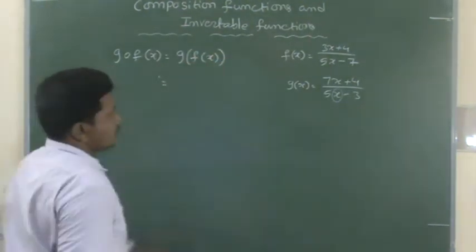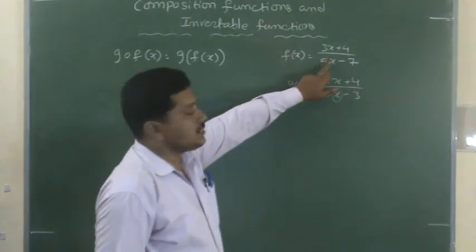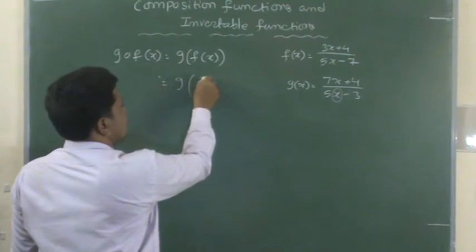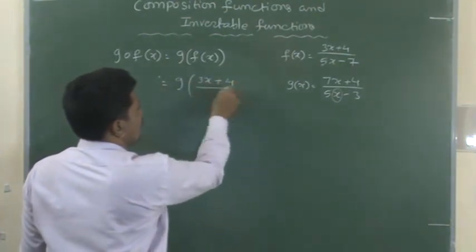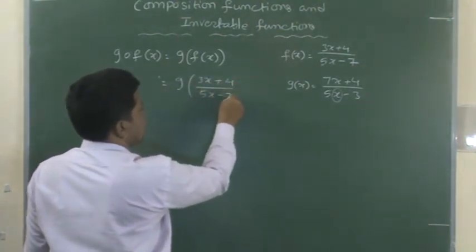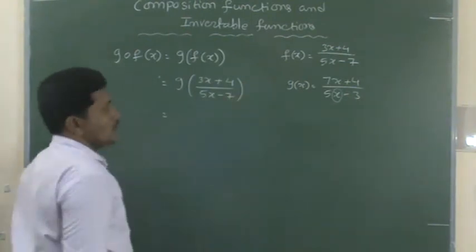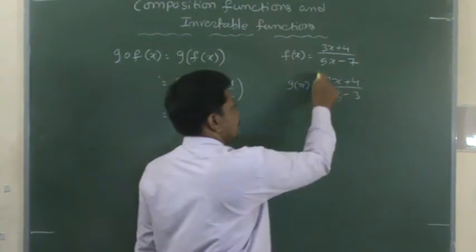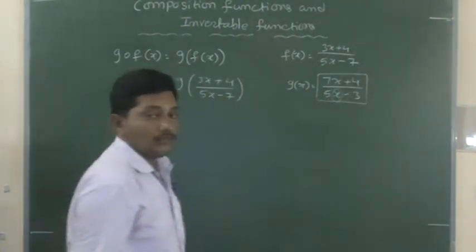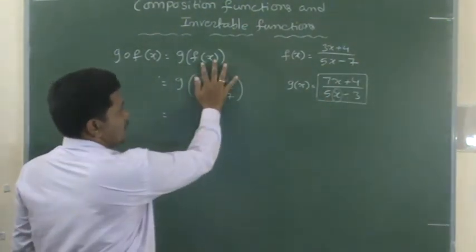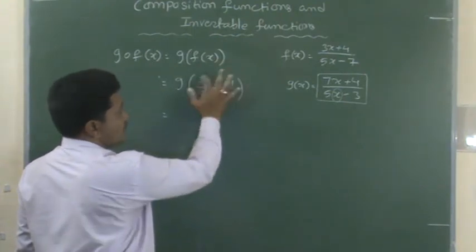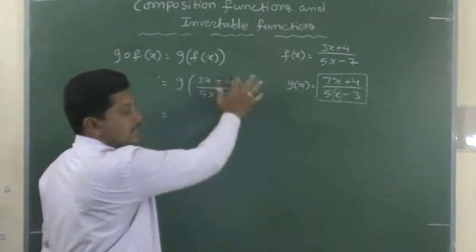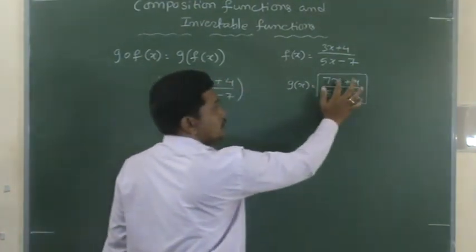What is f of x? f of x is according to my definition this one, right? g of, write that one, (3x plus 4) by (5x minus 7). Now g function is this one. But in place of x, I want this total term. So you substitute this entire thing in your x value.